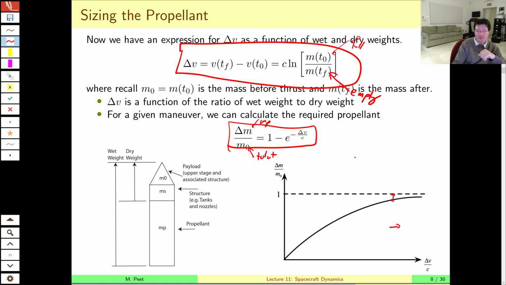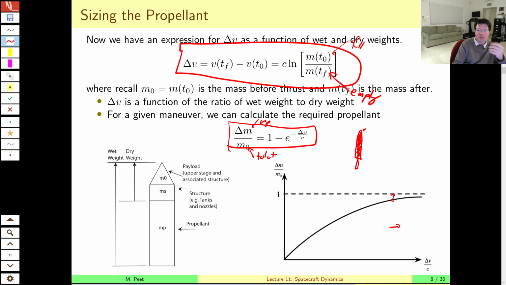If this is like a pop rocket, with a little stick there, and we don't need any structural mass, we can have an increasingly high fraction of propellant, and then we just have our payload at the top.